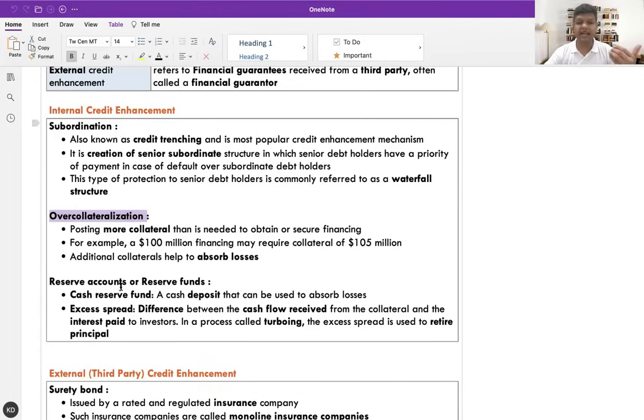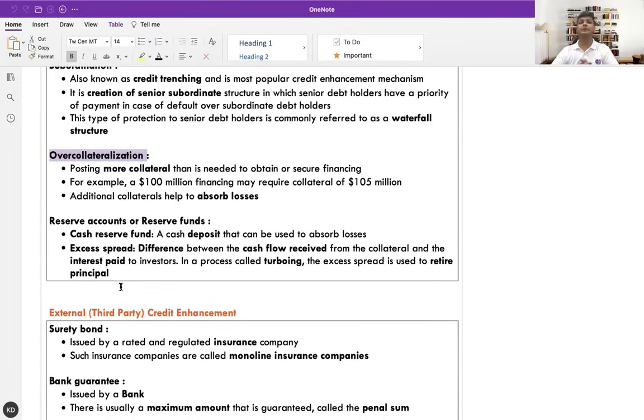Then there are other things like reserve accounts or reserve funds. For example, whatever excess cash your operations are generating from some of the activities, you can use that reserve to repay the loan, right? Second, in securitization, you are the company who has given loans.